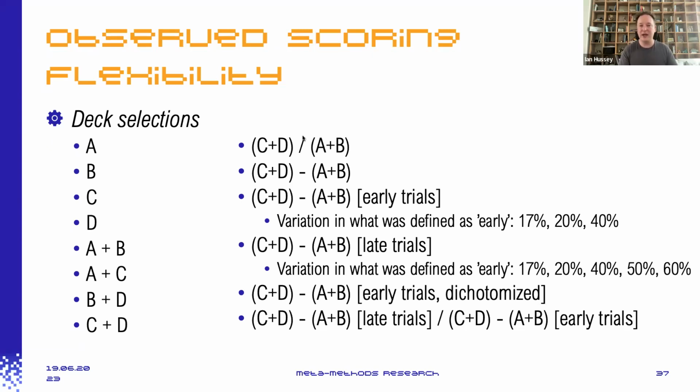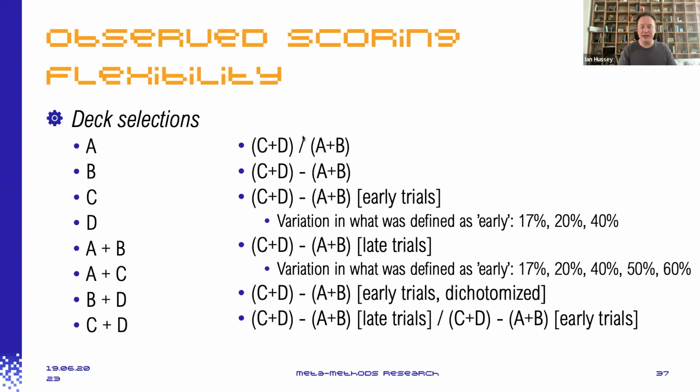Is it the first less than a fifth of the task? Is it the first 40%? You can also do this in the late proportion of the task, on the perhaps theoretical notion that performance should stabilize across the task as participants learn which deck is which. But again, you will see variation in the proportion of the deck that is defined as what constitutes late.